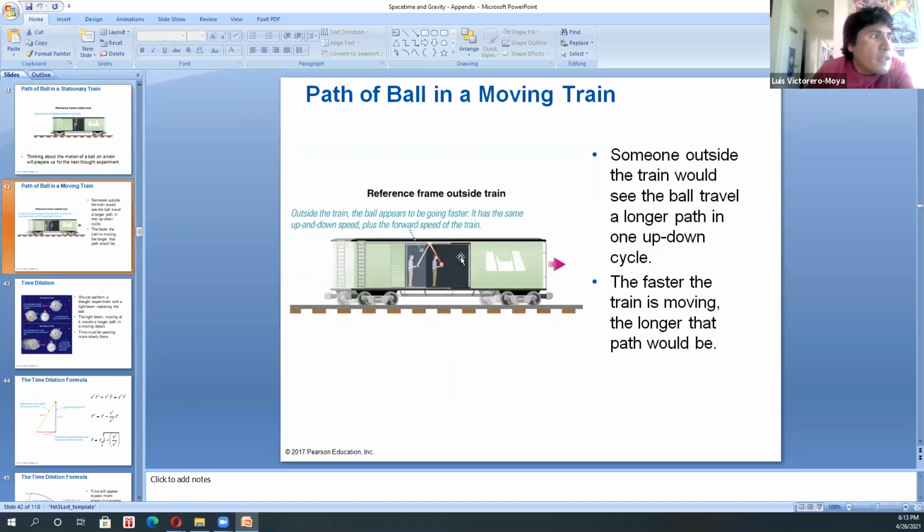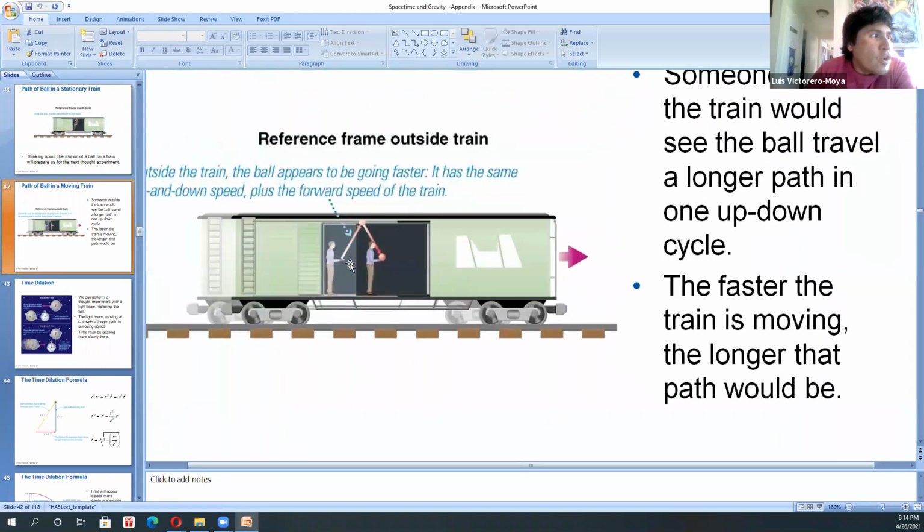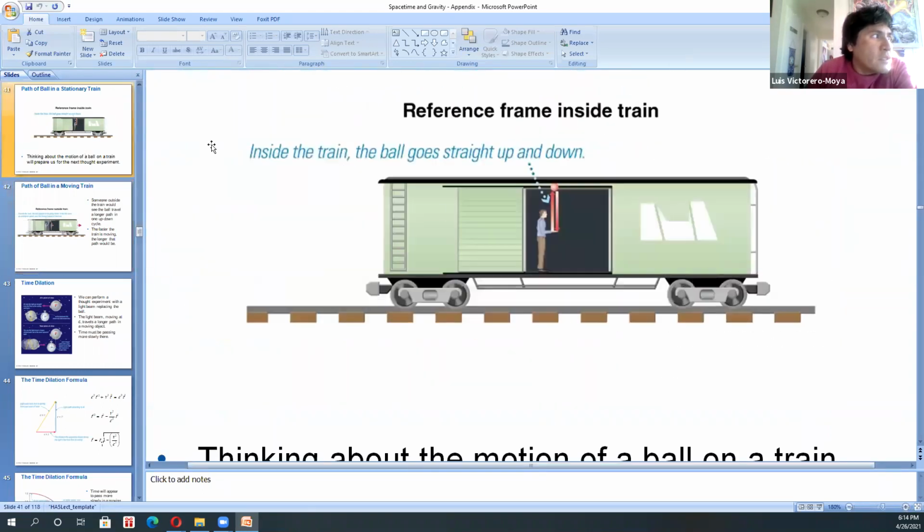In any case, by symmetry, and by assuming the train is going at constant velocity, these paths are the same. And you have an isosceles triangle in there. On top of that, you know the height of this triangle is this.